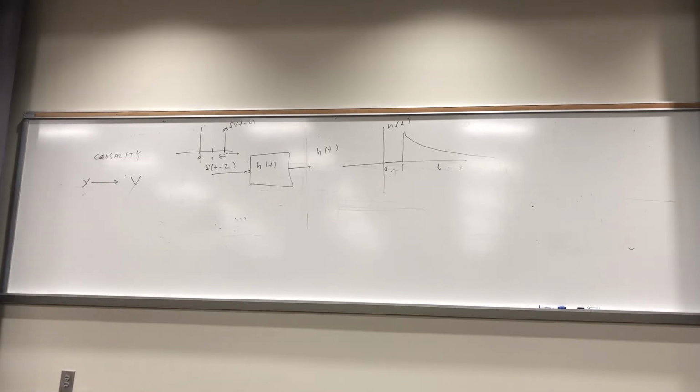Now I have a data record. Now I could use any type of h of t, be it causal or non-causal, to process that data. Does that make sense? Because now I know all the values for all time. You could use non-causal processing for that. But you can't use them in real time, which is most of the stuff we do.